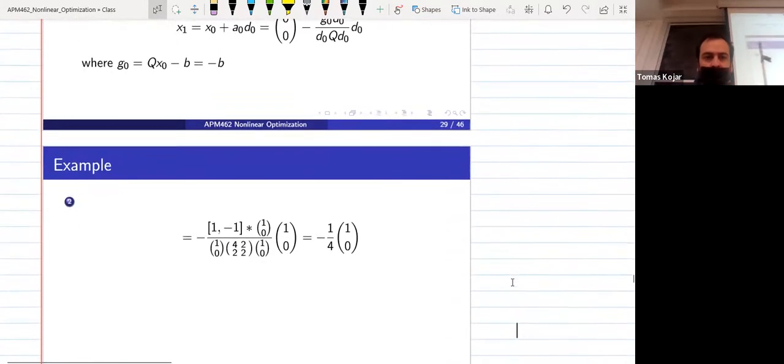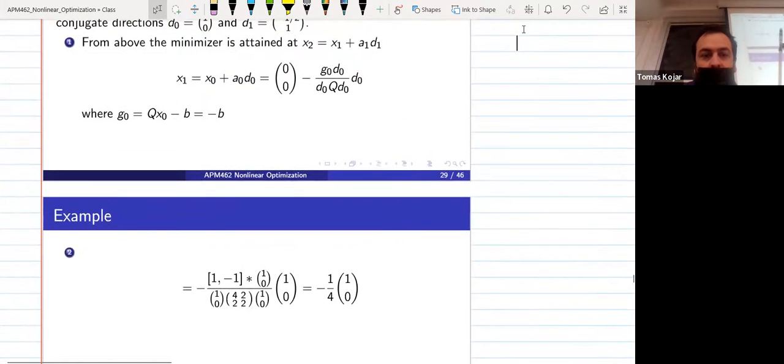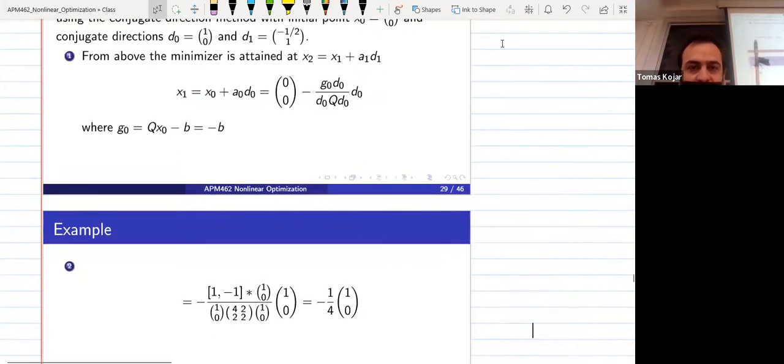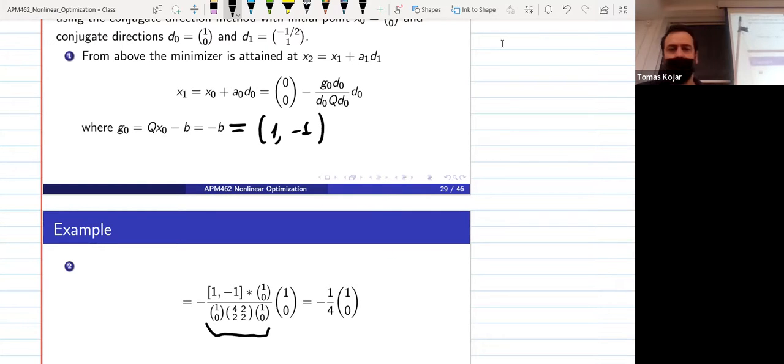So first, I computed, so I should say what is what. D0 is the (1, 0) vector. It's the first eigenvector. And underneath I have this quadratic form. And then this 1 minus 1 is this guy over here. So you do that, and that gives you x1.